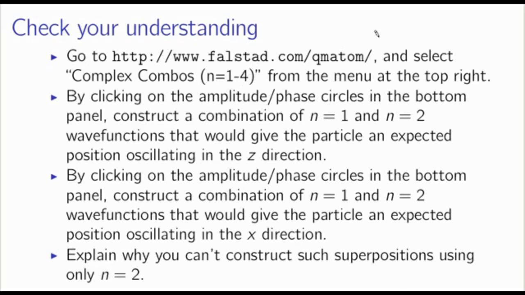There are specific things that you need to do in order to answer these questions on those simulations, but I encourage you to play with this simulation and try and get a feel for what the orbitals look like, both from the chemist's perspective, those are real hydrogen atom orbitals, as opposed to the physicist's approach, which is the complex approach. The specific sub-tool of this visualization that I'm suggesting you use here to answer these questions is complex combinations of orbitals with n equals 1 through 4. But you can look at the real orbitals as well and make combinations of the real orbitals as well.